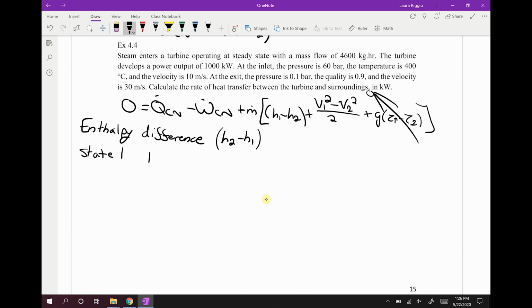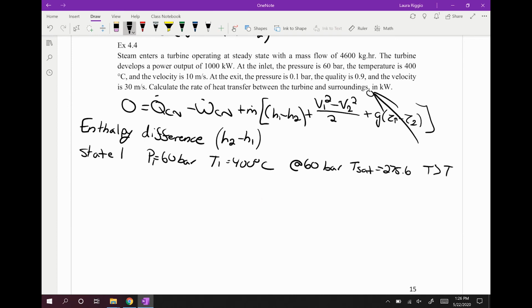We have state 1 where P is 60 bar and T is 400 degrees Celsius, and at 60 bar T sat is equal to 275.6.